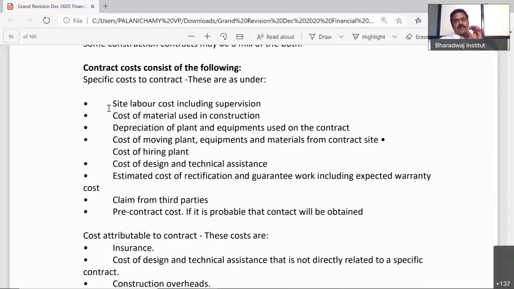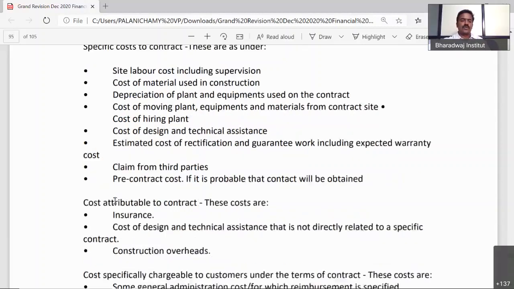All material, labor, overheads attributable to construction, and any administrative charges directly attributable to construction. It can even be subcontract work. I will not do all the work myself; I will subcontract some work to somebody else who will undertake it on my behalf. Those things also will be included in the contract cost. Any expenses directly or indirectly attributable to construction will be included.